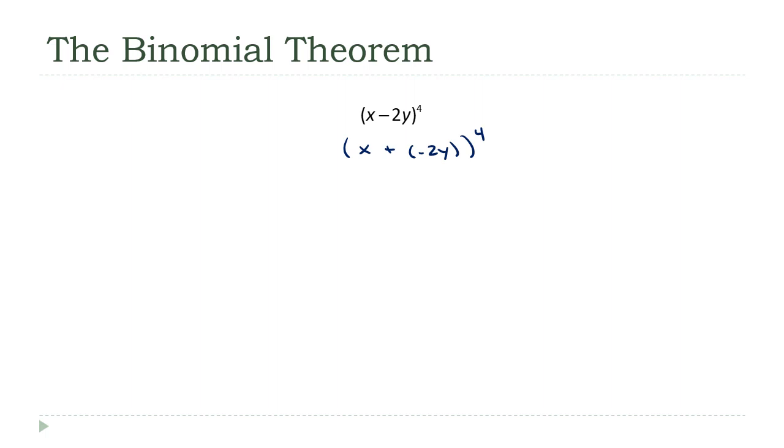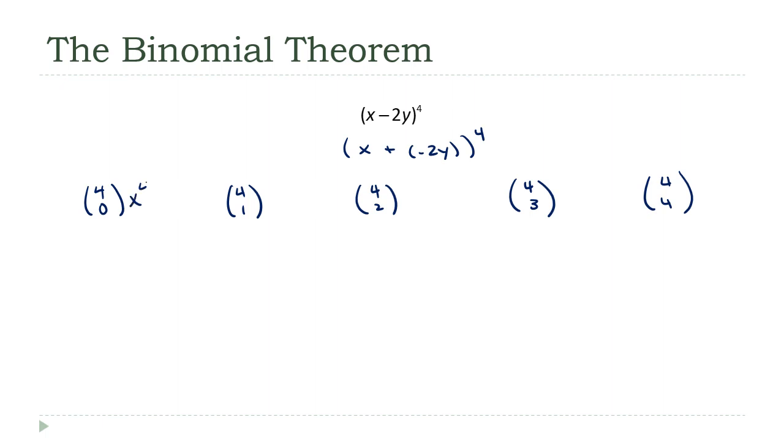I'll do the coefficients first. 4 choose 0, 4 choose 1, 4 choose 2, 4 choose 3, 4 choose 4. Then I'm going to do the x's. X to the fourth, x to the third, x squared, x to the first, and there's x to the 0, which of course you can write in there if you really want to finish the pattern, but that's just going to be 1.